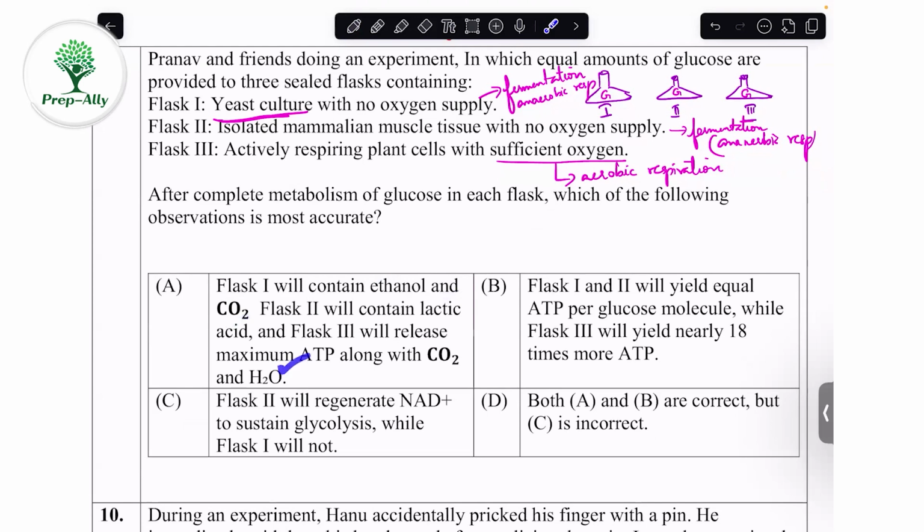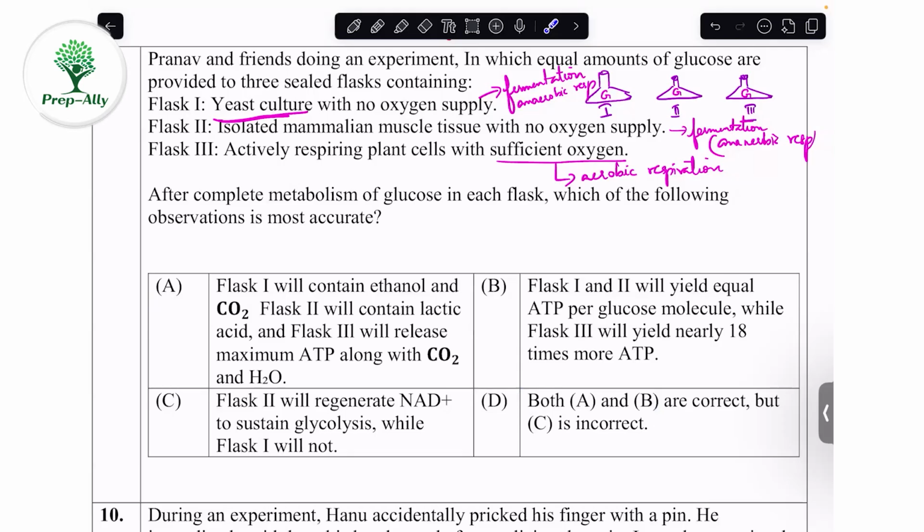Now we will see the other options also, because we have an option saying both A and B are correct but C is incorrect. So we have to check whether B is also correct or only A is correct. Class 1 and class 2 will yield equal ATP per glucose molecule, while class 3 will yield nearly 18 times more ATP.